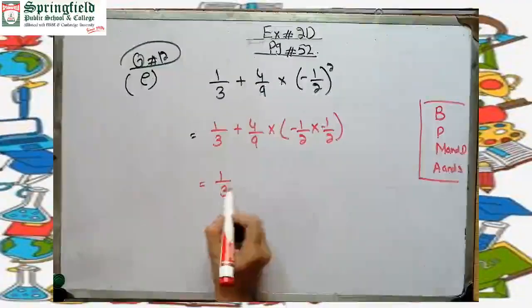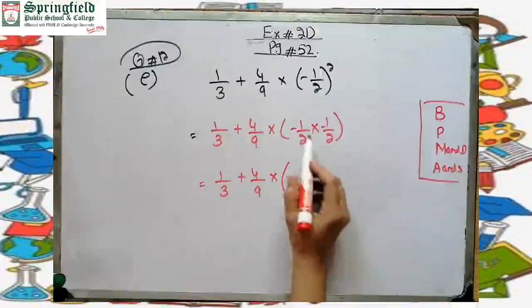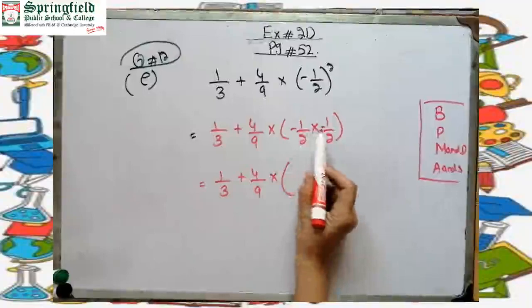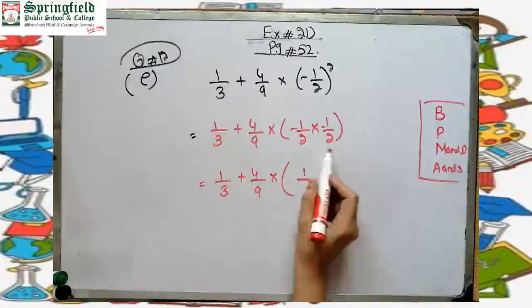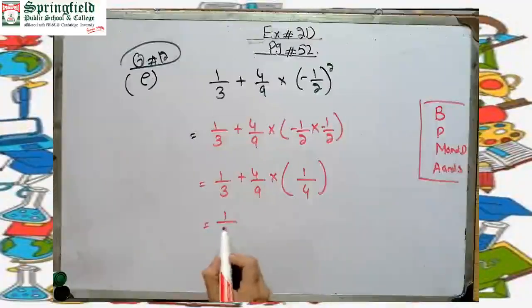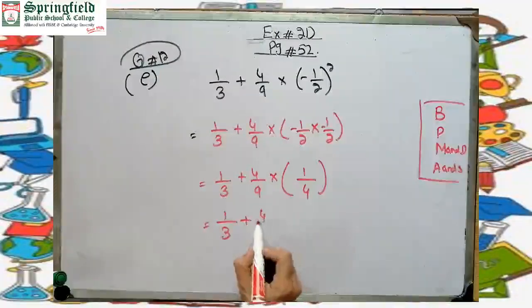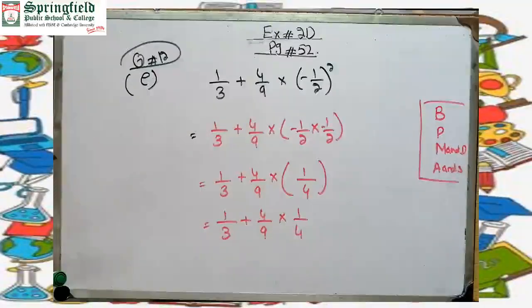1 by 3 plus 4 by 9 multiply these two numbers: minus minus is plus, 1 multiply 1 is 1, 2 multiply 2 is 4. 1 by 3 plus 4 by 9 multiply 1 by 4. So in this expression addition and multiplication signs are used.